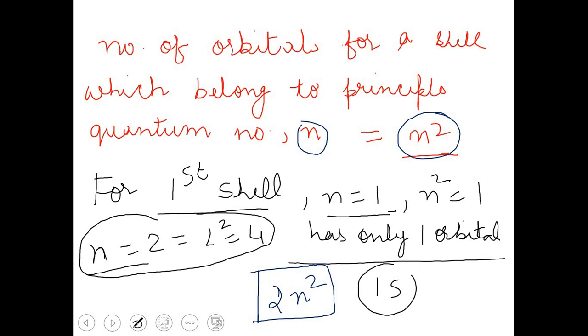For example, the first shell can accommodate only 2 electrons, 2 into 1 square. The second shell can accommodate 2 into 2 square, 8 electrons. The third shell can accommodate 2 into 3 square, meaning 18 electrons. So I hope these points are clear to you, children.